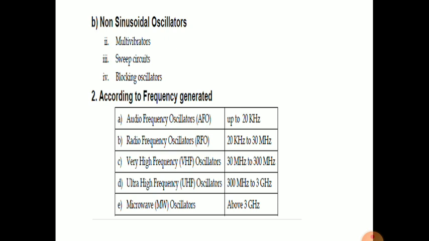Next, radio frequency oscillators, the RF range, 20 kilohertz to 30 megahertz. Very high frequency VHF oscillators, 30 to 300 megahertz. Ultra high frequency UHF oscillators, 300 megahertz to 3 gigahertz. Microwave oscillators, above 3 gigahertz.